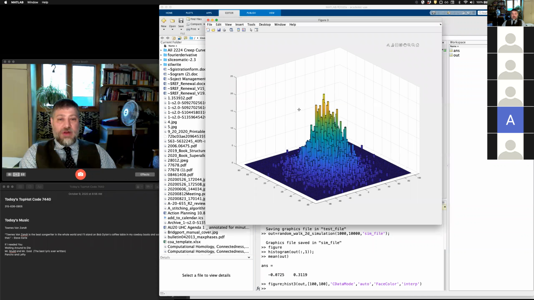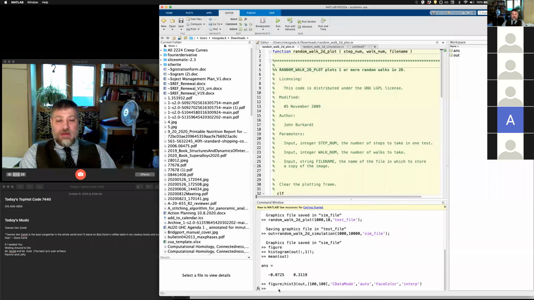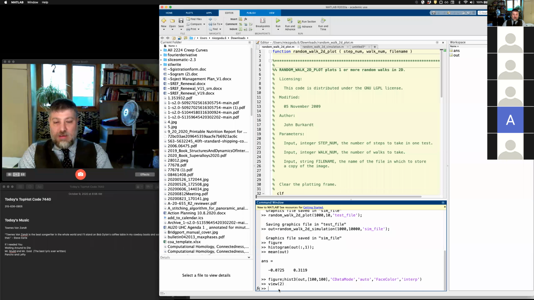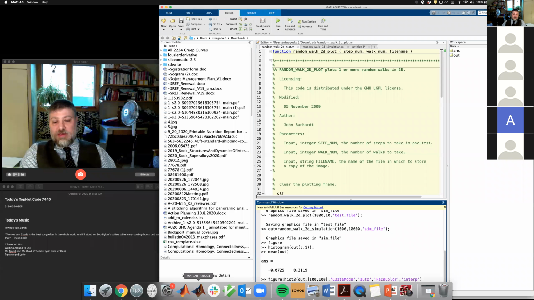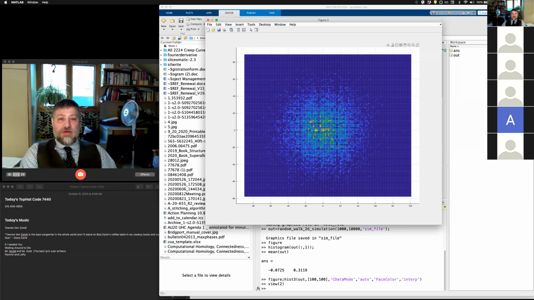We see that we're pretty symmetric in both x and y. We're clustered around our origin.